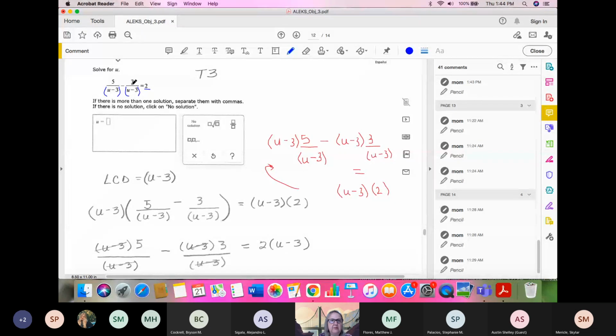That single u minus 3 is going to cancel that one out. That same single u minus 3 is going to cancel this one out. And then there's no visible denominator here. So the LCD is only u minus 3.